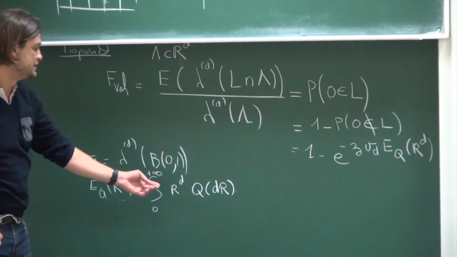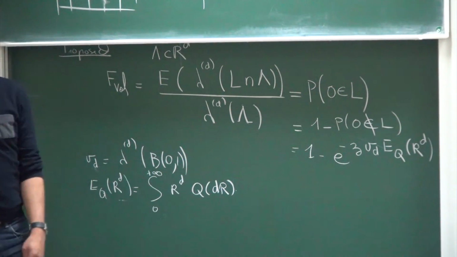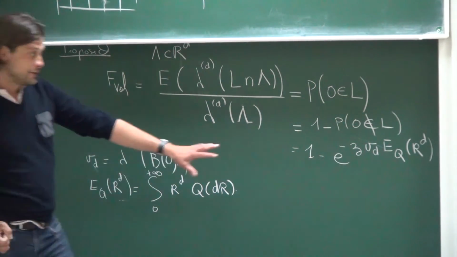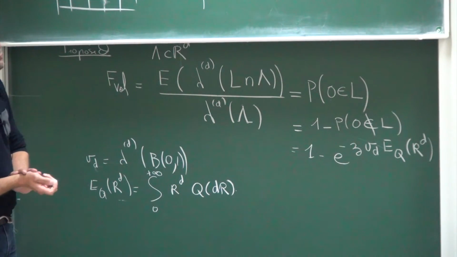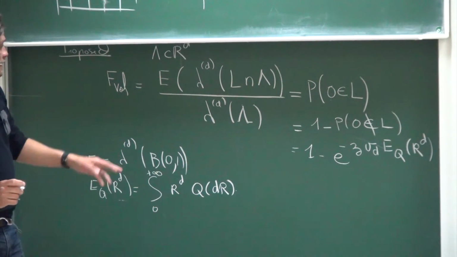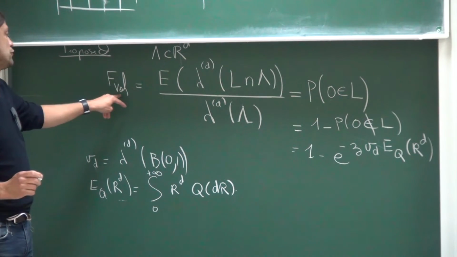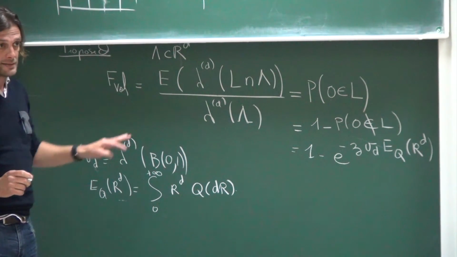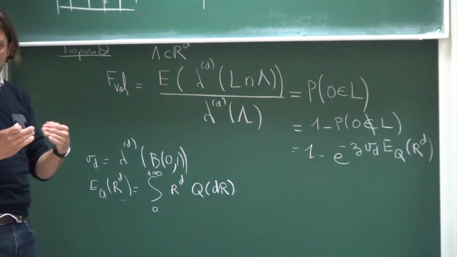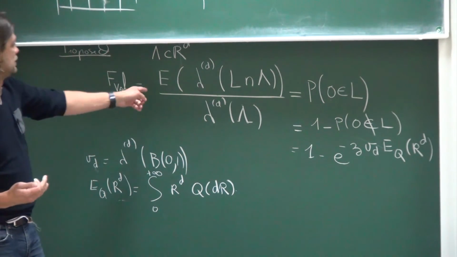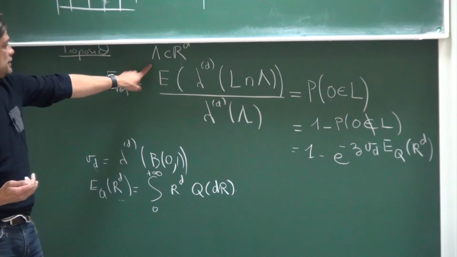It's just the d-th moment of Q. So we have an explicit formula, which is quite interesting and a pretty beautiful result. I call it f vol, the volume fraction. It's the fraction of the space which is occupied by the Boolean model. It's clear by this definition, and it does not depend on Lambda.